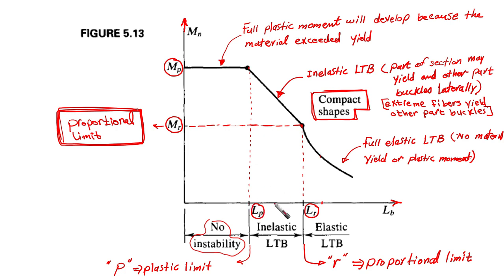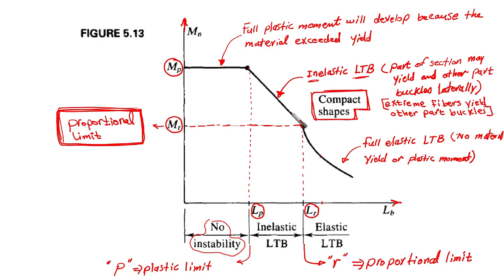However, if our section has an unbraced length between LP and LR, then it is going to have what we call inelastic lateral torsional buckling. So what is the meaning of inelastic lateral torsional buckling? It means that part of the section may yield, which is the extreme fibers of the section, and the other part buckles laterally. So it is like a combination of lateral torsional buckling and yielding.